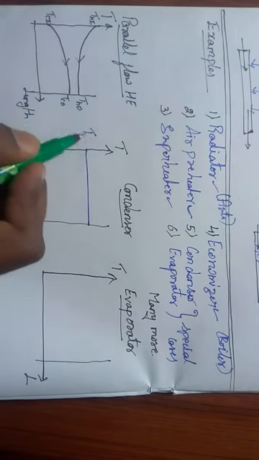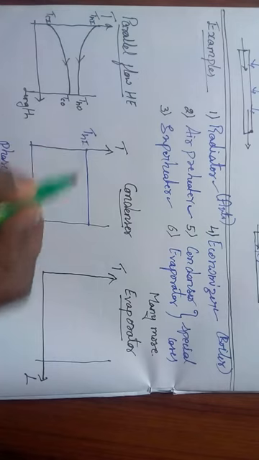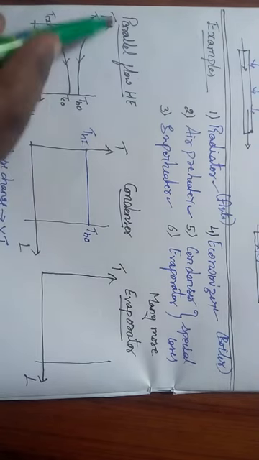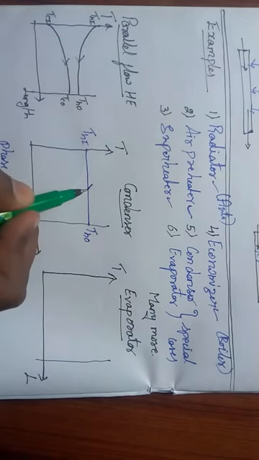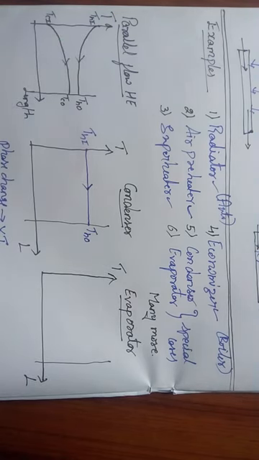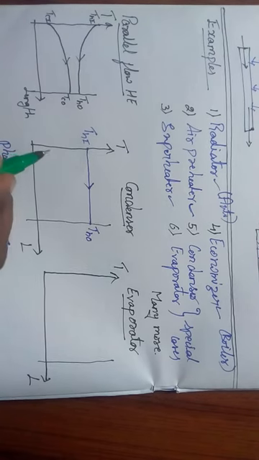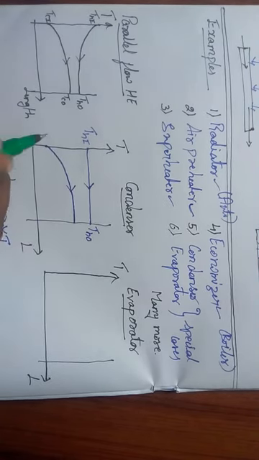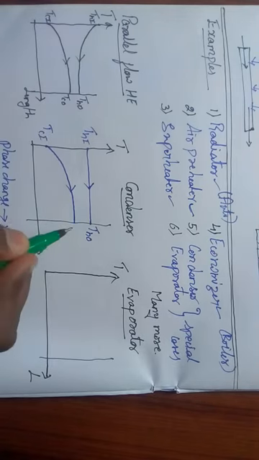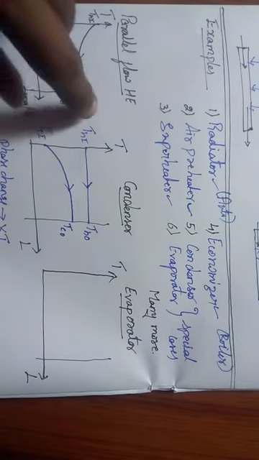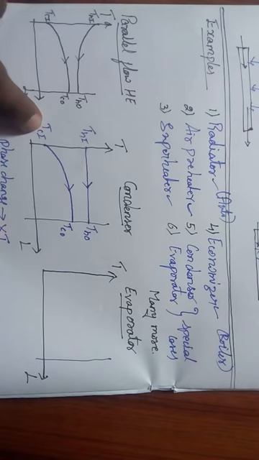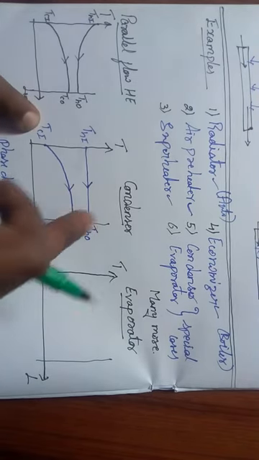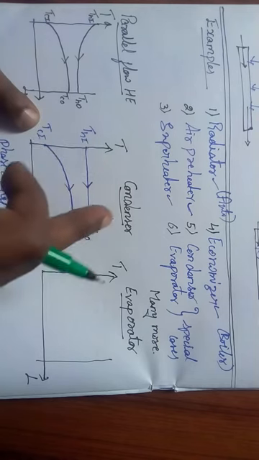This is the hot fluid inlet, and this is the hot fluid outlet. We are taking the example of parallel flow, fine. So the cold fluid graph remains the same, with cold fluid inlet and cold fluid outlet. The temperature difference at the inlet end is called theta1, and here the temperature difference is called theta2. This is the temperature variation in a condenser.